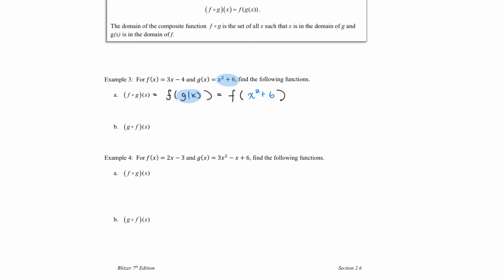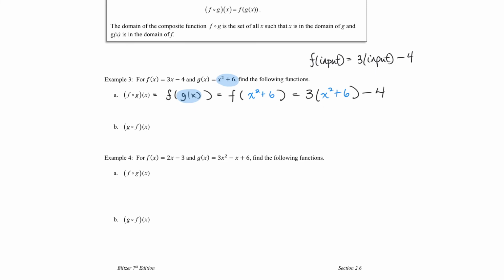Now, it might help to remind yourself that the function f takes an input and says 3 times that input minus 4, regardless of what that input is, right? In this case, the input is going to be the expression x squared plus 6. So f of x squared plus 6 is going to be 3 times x squared plus 6 minus 4, right? 3 times the input, x squared plus 6, minus 4.